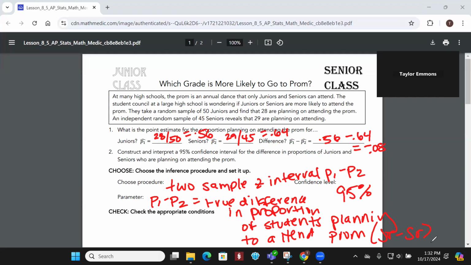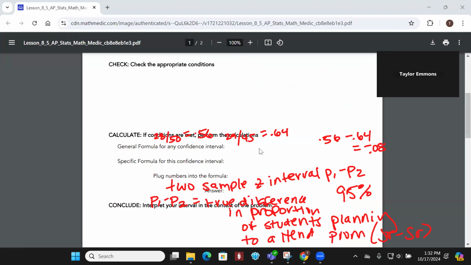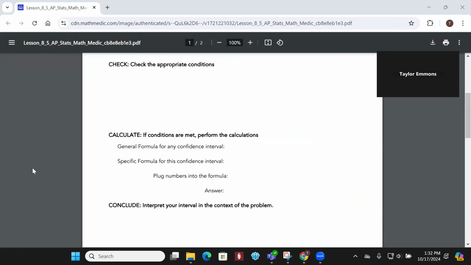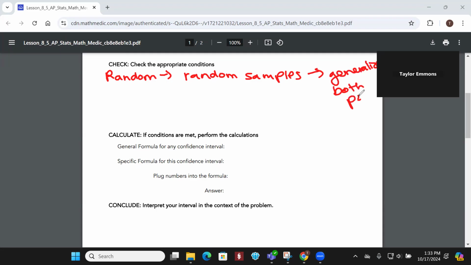You're going to check random, 10%, large counts, and you've got to do it for both. We're going to do random, and they're independent random samples. And again, that's so that we can generalize to both populations.